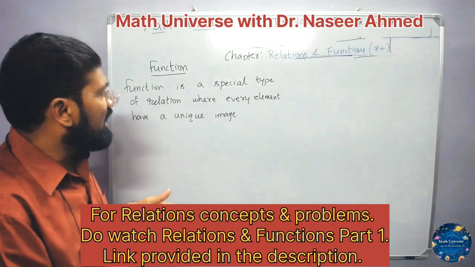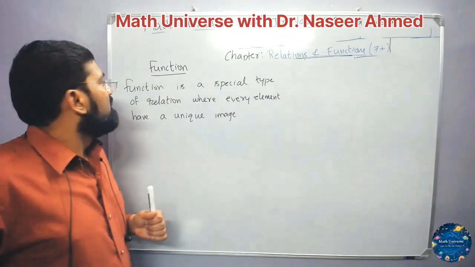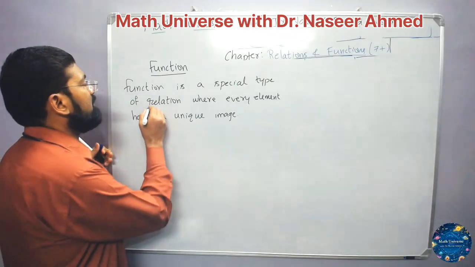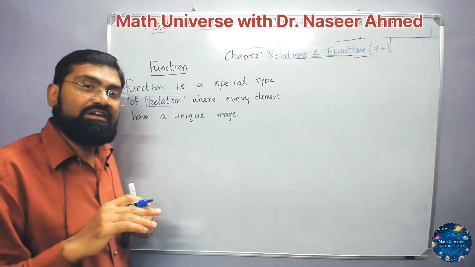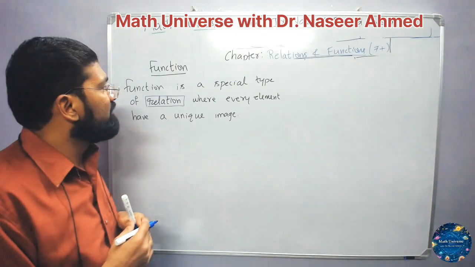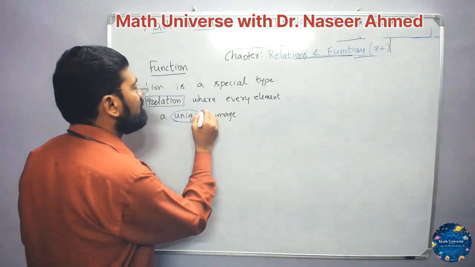Let us try to understand this, what has been written. I'm saying here function is a special type of relation. It means every function is a relation, but every relation need not be a function, where every element has a unique image. Unique means one.